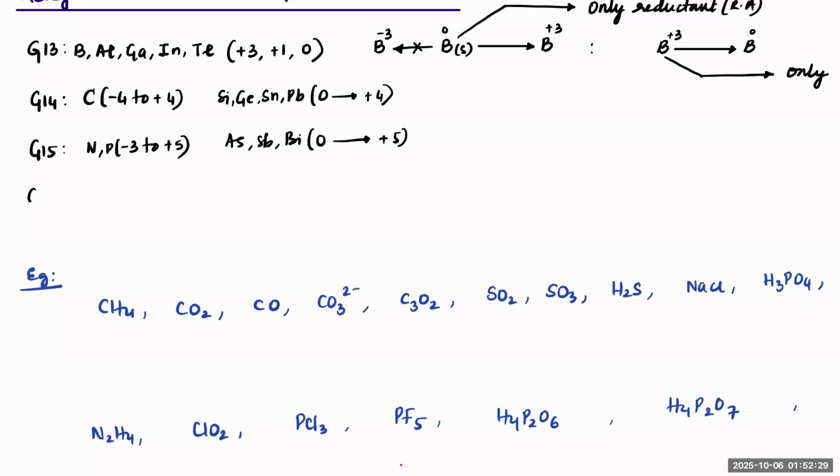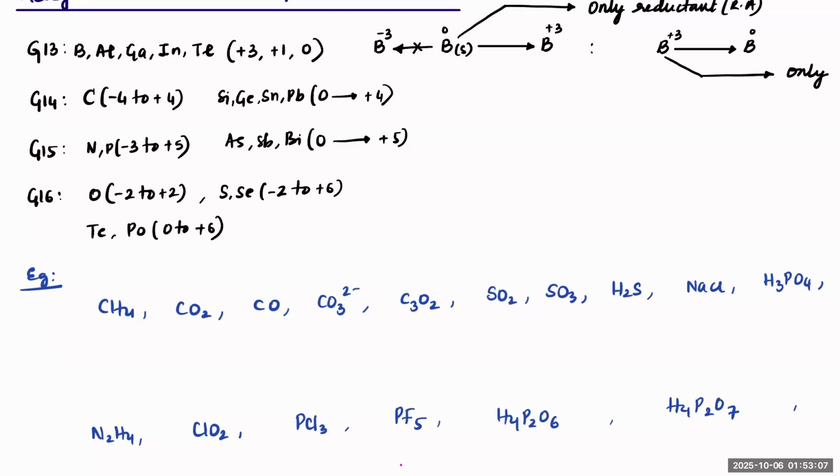Group 16, oxygen, sulfur, selenium go from -2 to +6. Of course, I'll write oxygen separately because oxygen does not get +6. So oxygen is -2 to +2, sulfur and selenium are -2 to +6, and tellurium and polonium are 0 to +6.